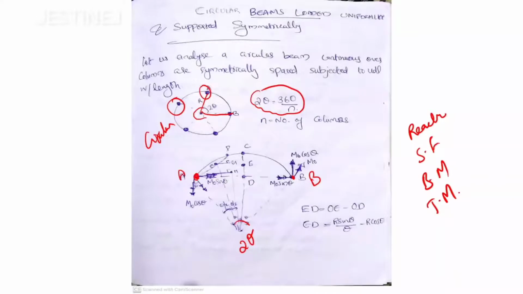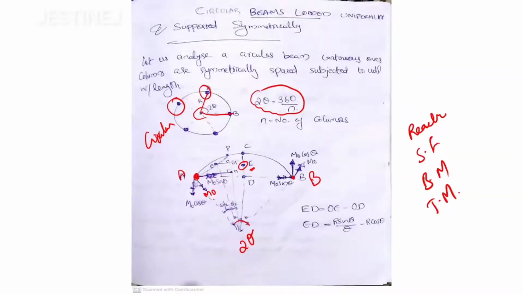And then if you observe here, the uniformly distributed load is acting here, so this total load is going to act at this point. Let us take this point to be E. Here you can note down that M0 moment is also acting in this direction from this support.